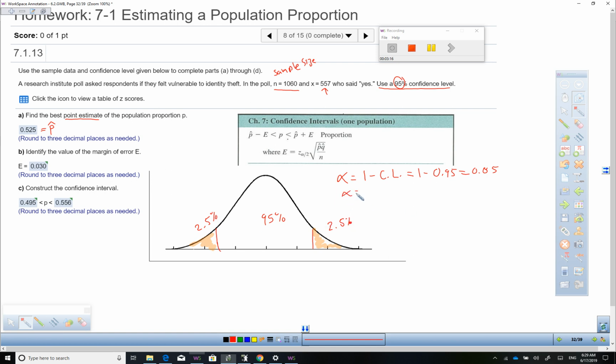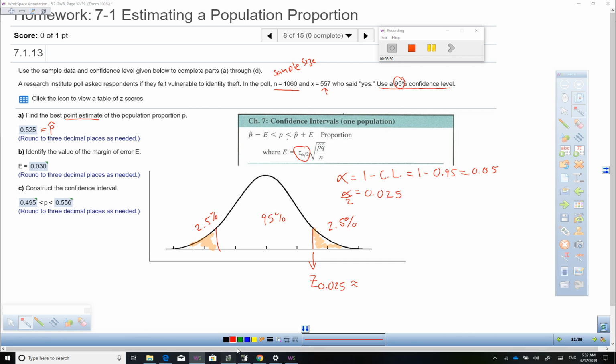So alpha by 2 is half of this, right? Alpha by 2 is 0.025. Just divide this number by 2. So let me find that critical value, which is the value whose area to the right is 0.025. I need that value first of all, because I need to use it for this formula.